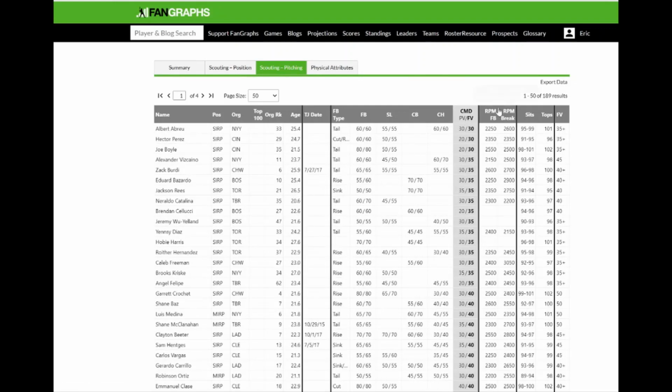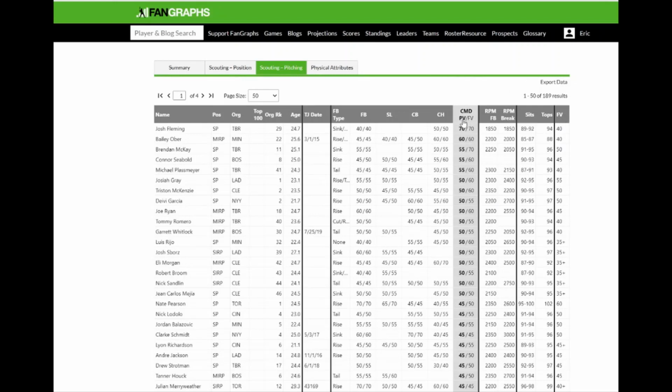Command, I've started to do the same way I do power and hit tool for the hitter side, where when a guy gets to AA and above, then I'm putting a for real, honest to goodness grade on what I think their present command and control is.